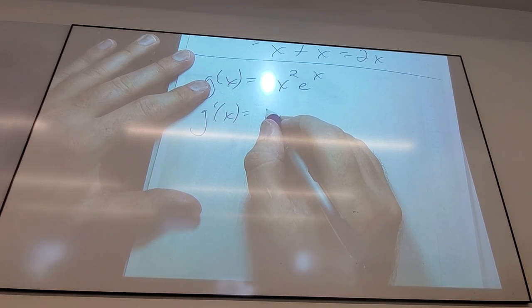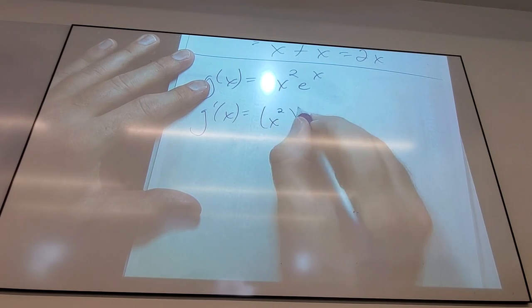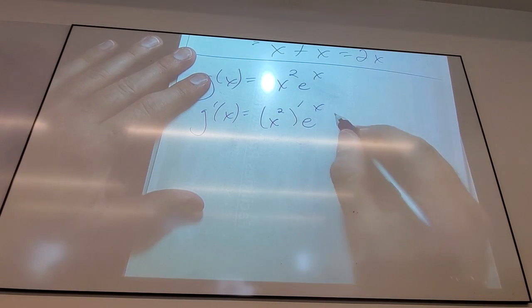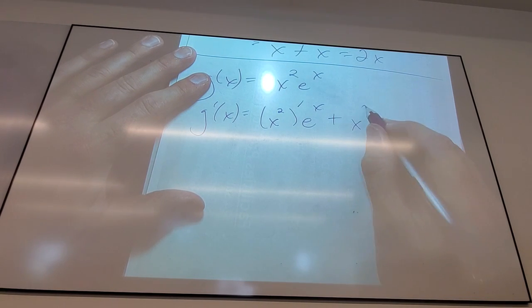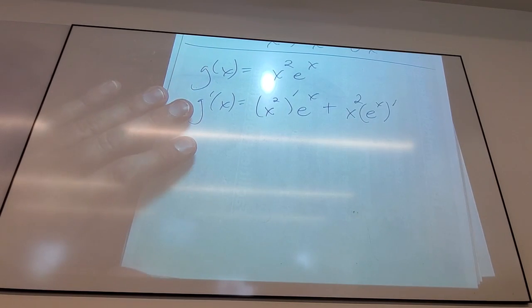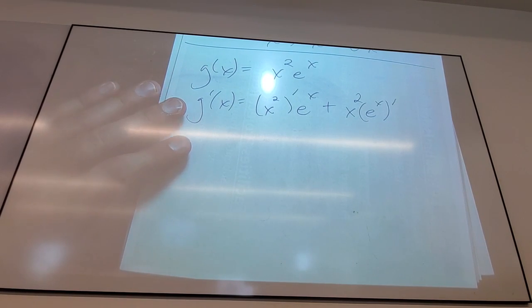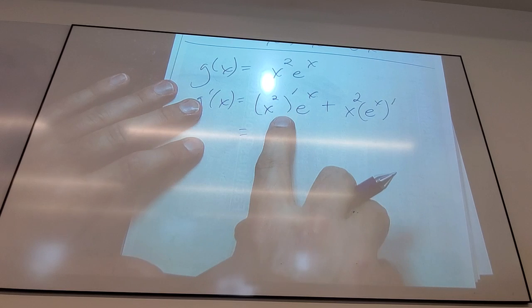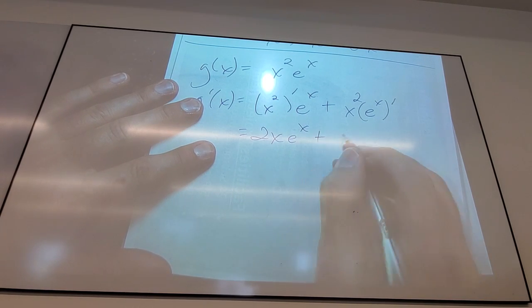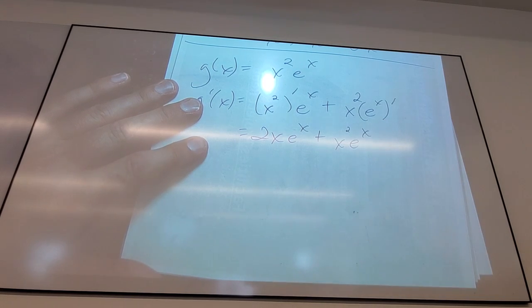First dude gets a turn, the second guy's just sitting there watching, and then the first dude sitting there watching, second guy gets a turn, yes? What's the derivative of x squared? What's the derivative of e to the x? Oh, you're cool, e to the x.